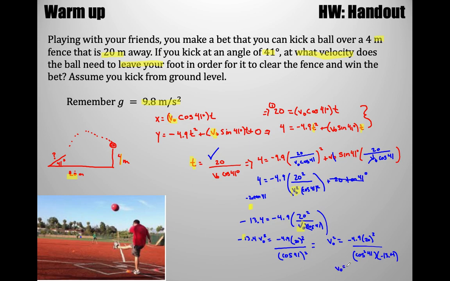So type that into your calculator. Negative 4.9 times 20 squared. Divide it by cosine of 41 squared, don't forget. So you're going to take cosine of 41 and square it, and multiply that times negative 13.4.